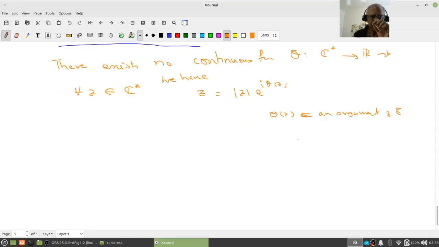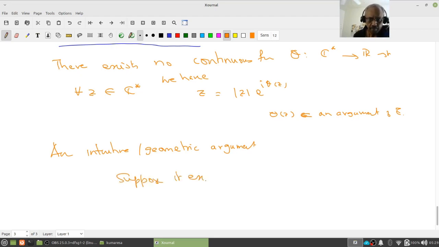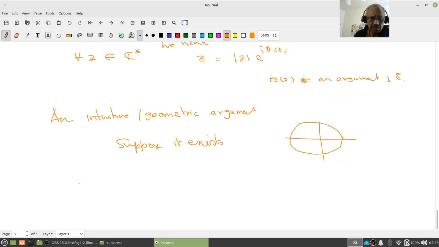And the typical proof is a hand waving proof, an intuitive geometric argument. It runs as follows. Suppose it exists. Let us start with the unit circle and take the complex number z equal to 1.